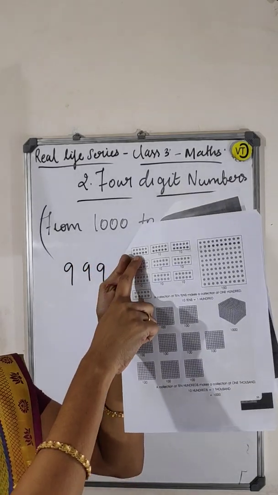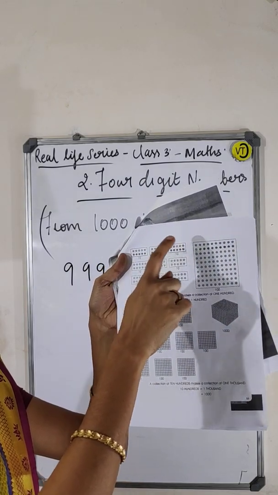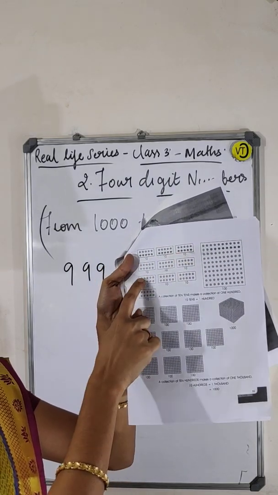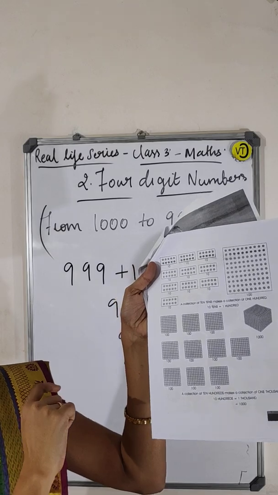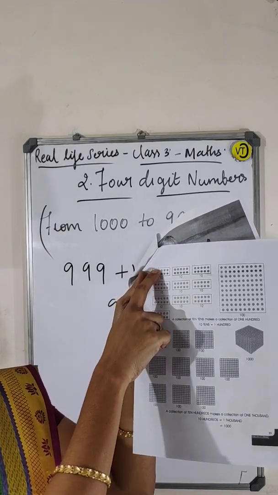See the boxes here. How many boxes are there? 1, 2, 3, 4, 5, 6, 7, 8, 9, 10 boxes. In each box, how many dots? Again 10.